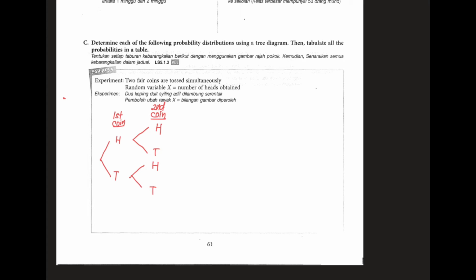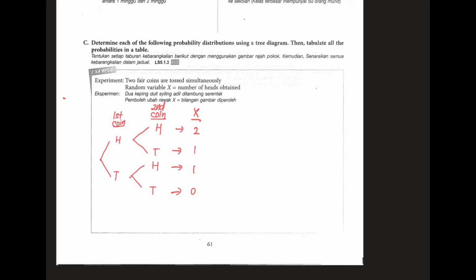So I just write here 2. For the second case, you get head followed by tail, so this is 1 head. X represents the number of heads, by the way. Tail followed by head, so X is 1. Finally, tails and tails, so 0. Okay, now those are the values of X.